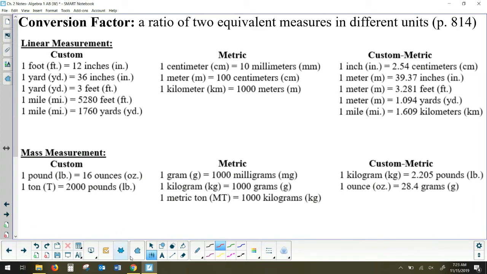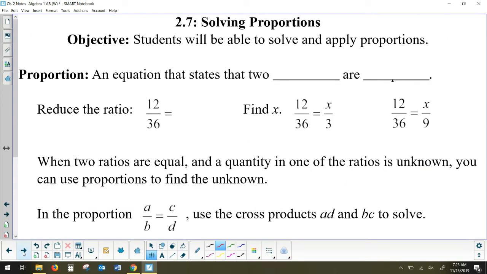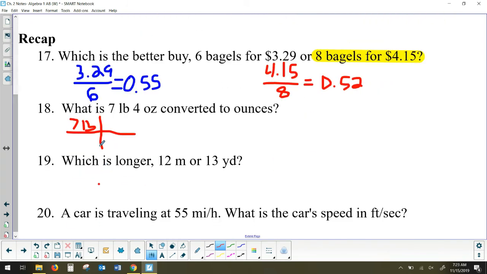How many ounces are in a pound? We're looking for that conversion. I see. 1 pound is 16 ounces.